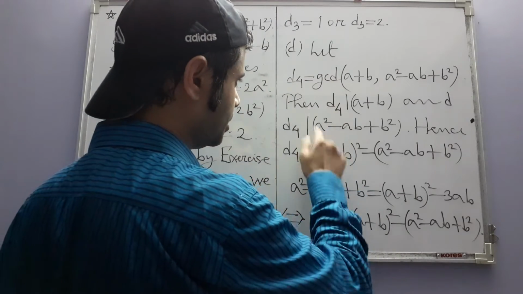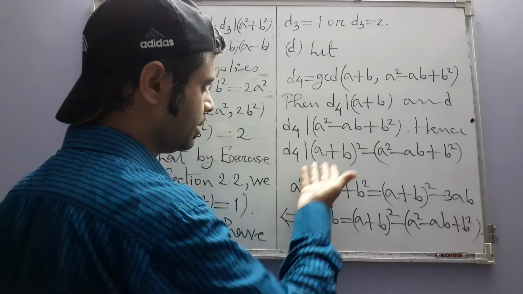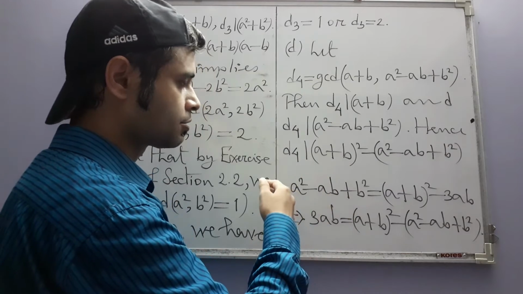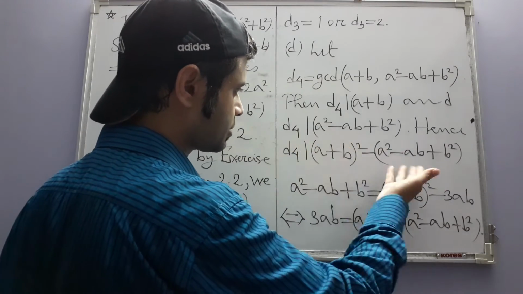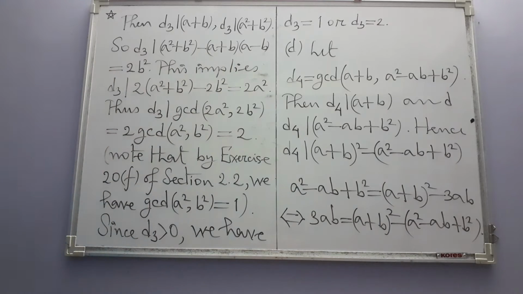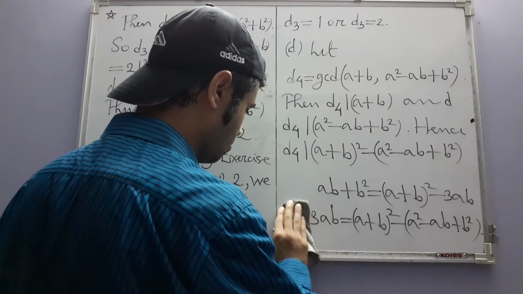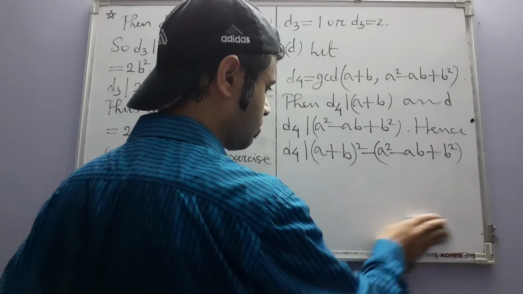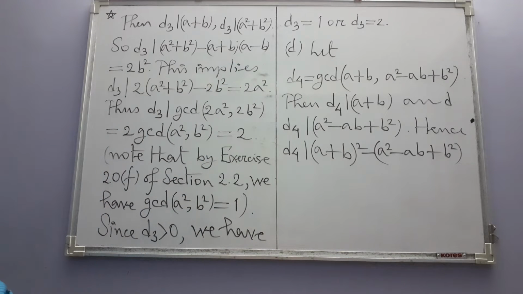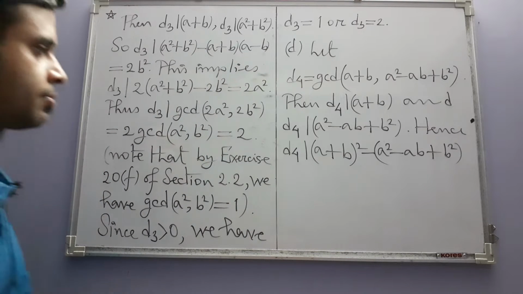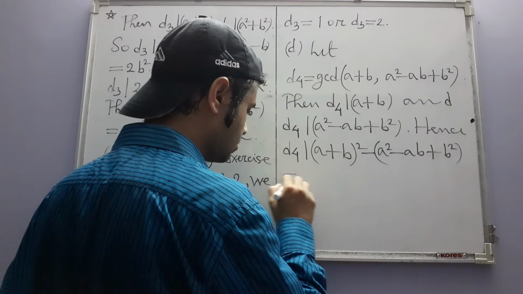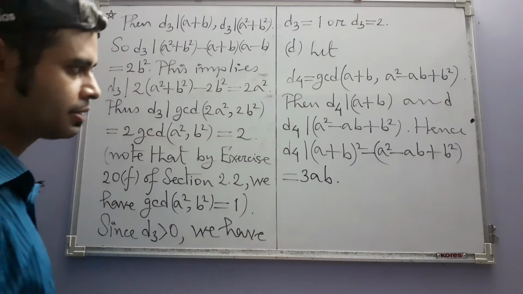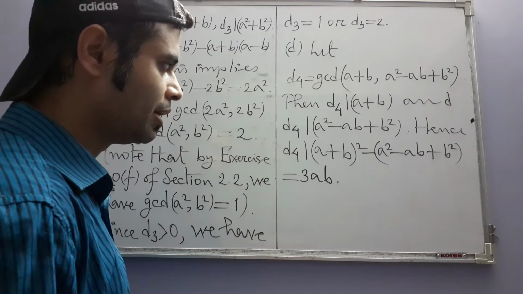And this follows from these two divisibility relations, which you can clearly see. Because D4 divides a plus b, it will also naturally divide its square, and of course we have simply used the second one. And this thing equals 3ab.